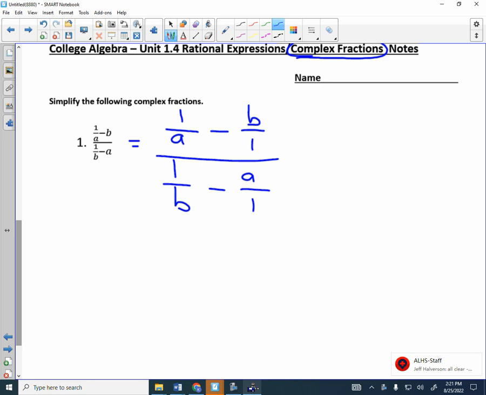So in order to combine the top into one fraction, I multiply the top and bottom by A. What is this top line going to be? 1 minus AB. Or BA. 1 minus AB. I'll put the A first. What's the denominator? A.